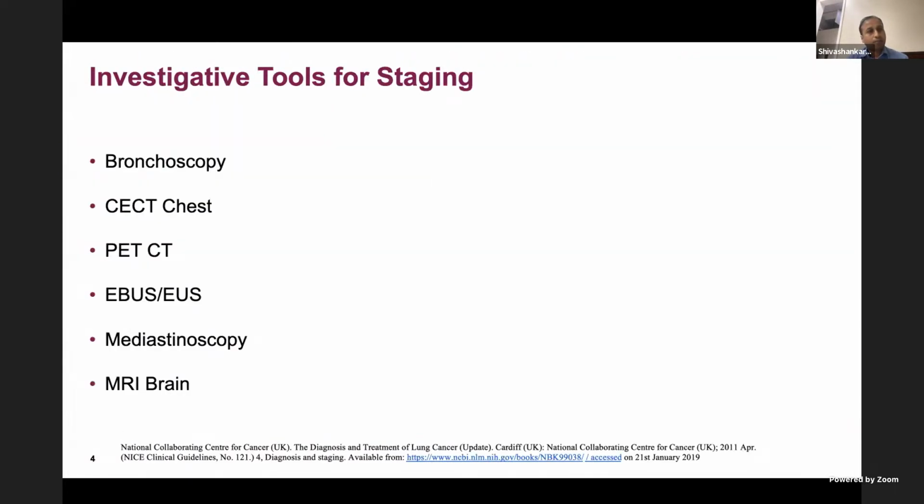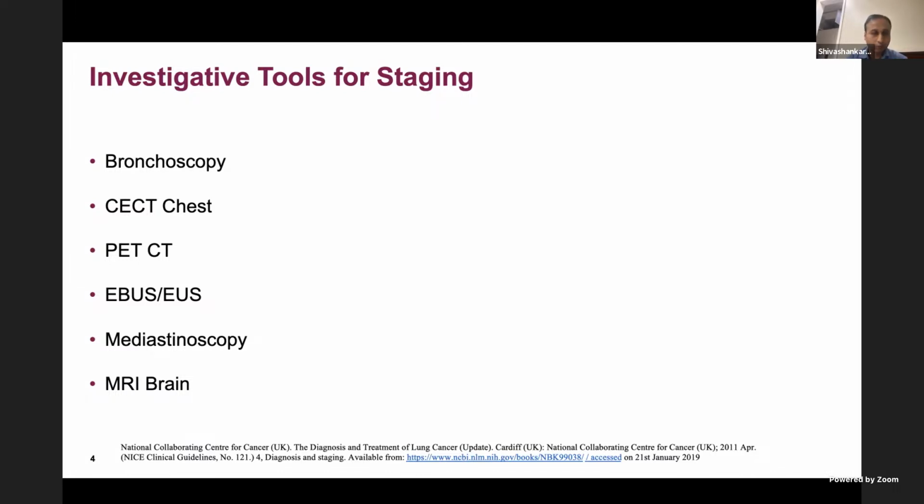Apart from that, once we confirm it's a lung cancer, how do we further work up? It depends upon whether it is early stage, that is localized, or locally advanced or metastatic; depending upon that, the investigation modality differs. Usually in all lung cancers, we do bronchoscopy or a CT guided biopsy.